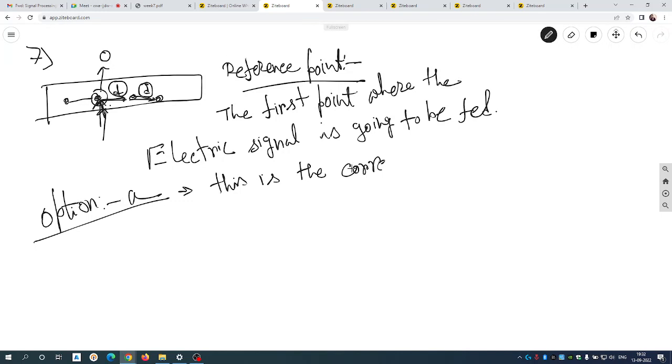And 0,0,D is the reference. From my understanding, the first antenna point is where you have to feed the electric signal to one of them. So it will be in phase with the actual electric signal that has been generated by your system.